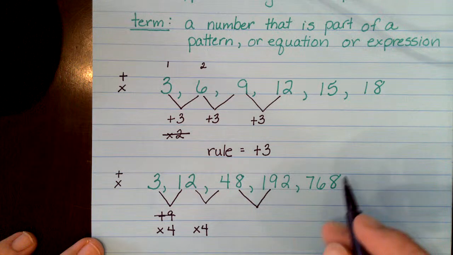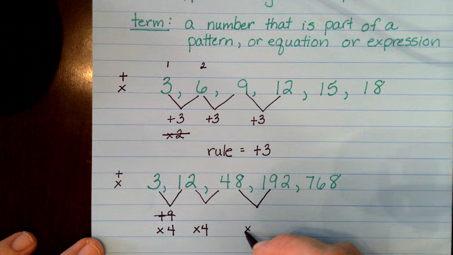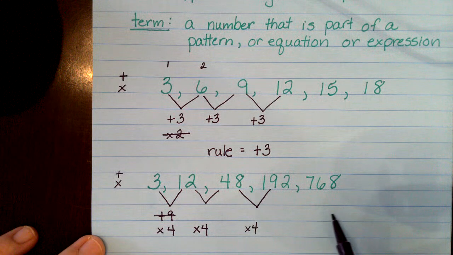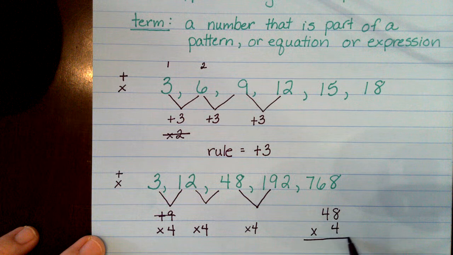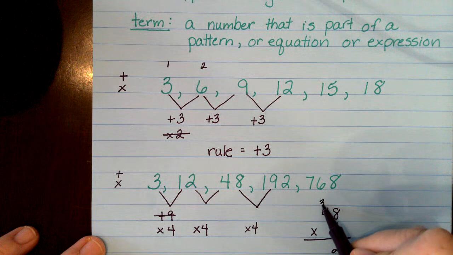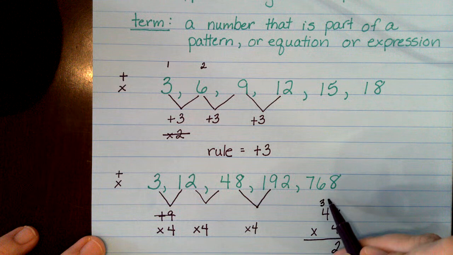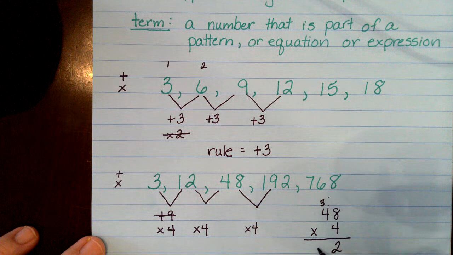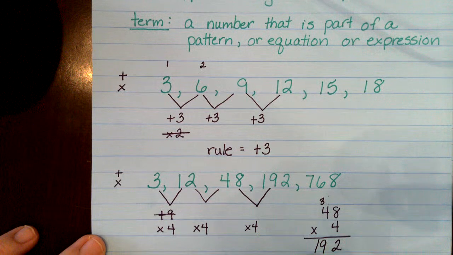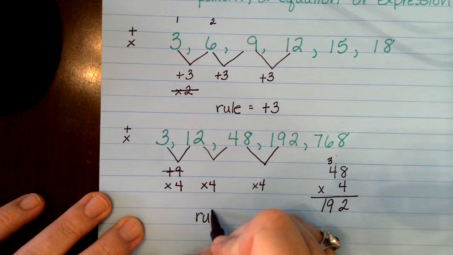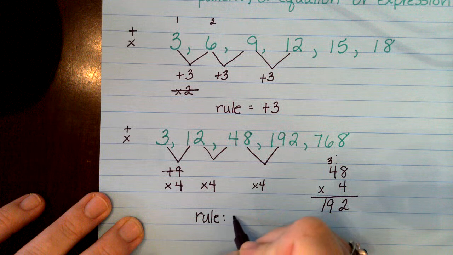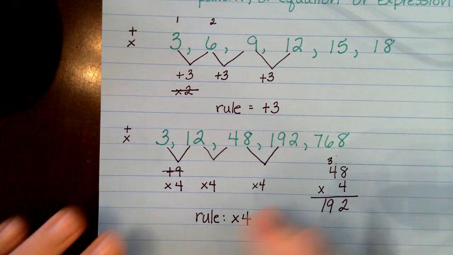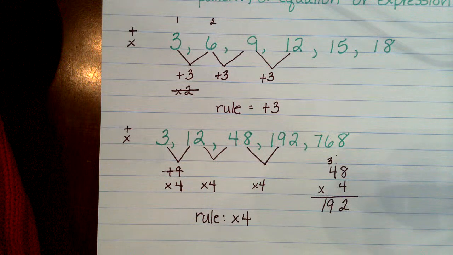So I would have to see if times 4 would work for this one. Let me do 48 times 4. 8 times 4 is 32, 2 carry the 3. 4 times 4 is 16, 17, 18, 19, 192. So the rule for this pattern is times 4.